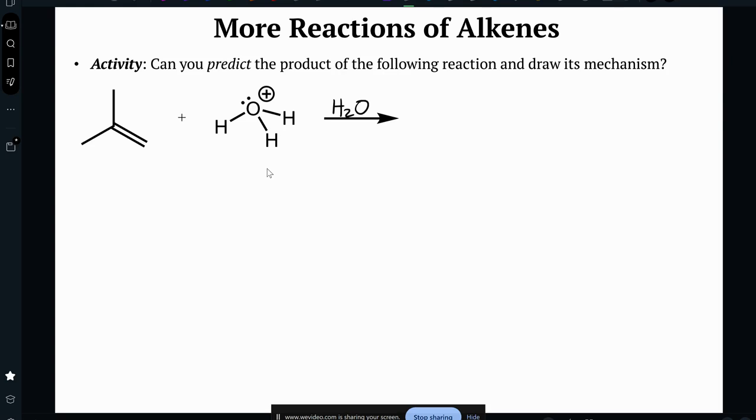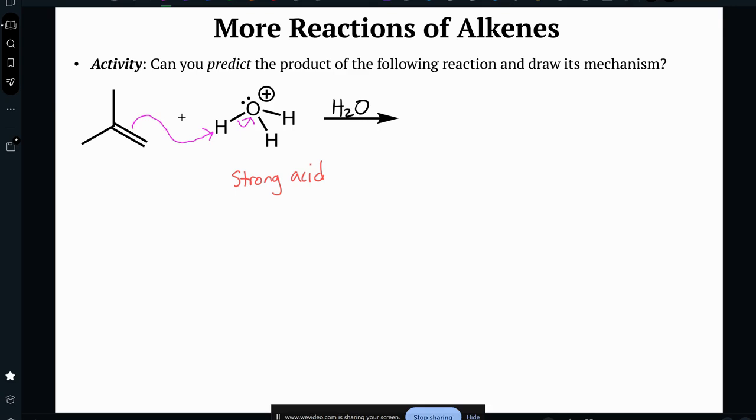Okay, hopefully you identified that we have an acid here, a strong acid, the H3O plus. And just like the reactions where we had HBr or HCl, that kind of strong acid reacting with an alkene, you might predict that your first step would be for pi CC of the alkene to attack hydrogen.